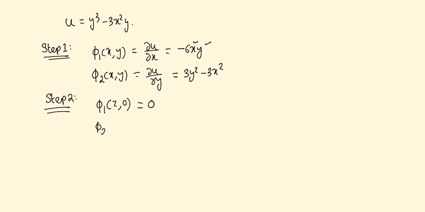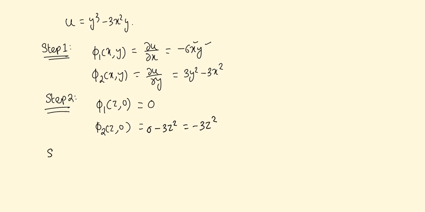And phi2 function of z0 will be 3 into 0 square minus 3z square. So this is 0 minus 3z square, that is minus 3z square.